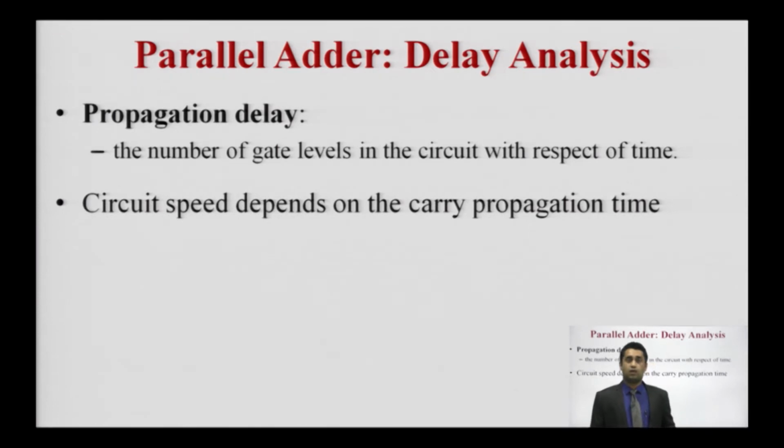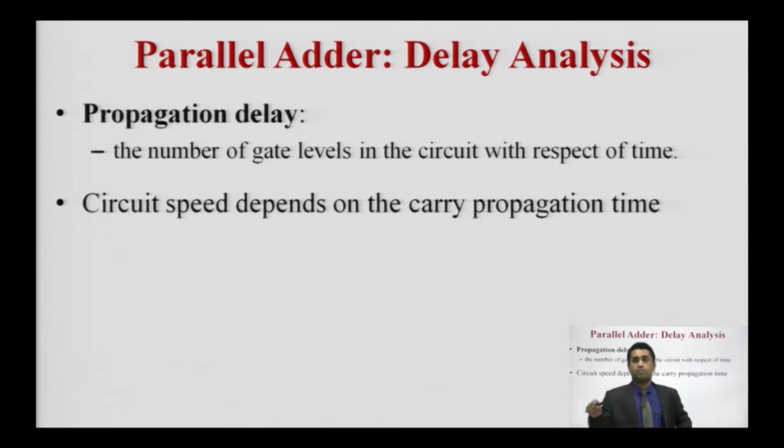If I am using 4 full adders, each full adder also carries some gates, and at the end we are doing a computation. Say one full adder takes a time of 10 nanoseconds. Then after 10 nanoseconds it will give the carry to the second full adder. Then after 10 nanoseconds it will give the carry to the third one. It means first full adder 10, 10, 10, so after 30 time units we are receiving the input carry at the final one.